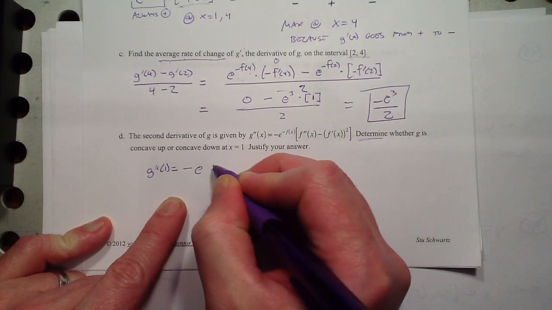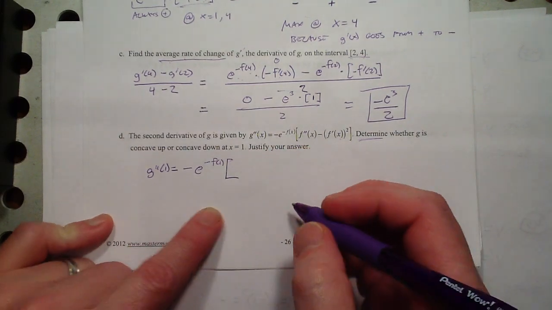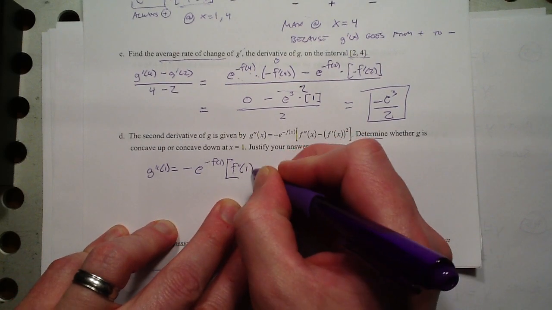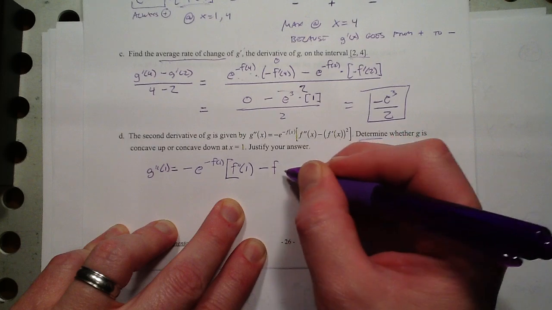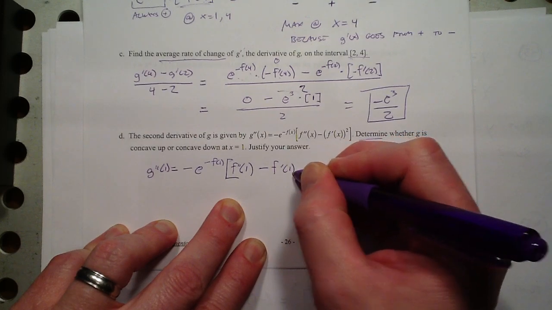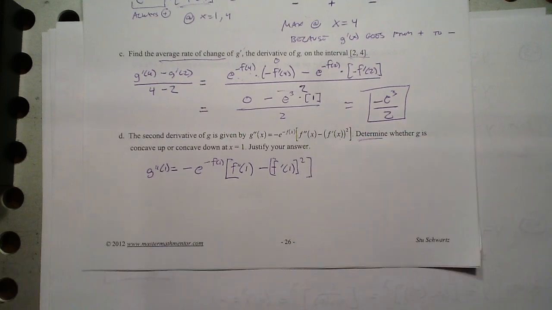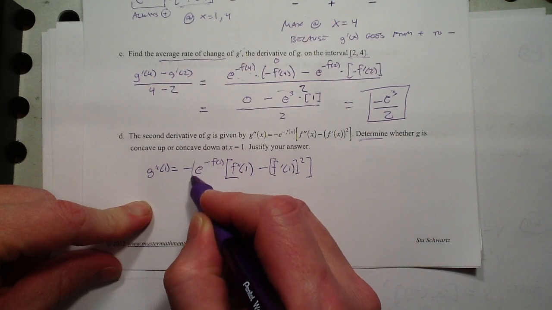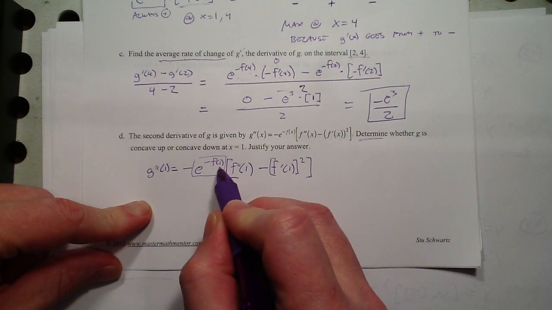That's negative e to the negative f of 1, and then we've got f double prime of 1 minus f prime of 1 squared. Okay, and all we care about is whether this is positive or negative. So, let me remind you again that even though we don't know what f of 1 is, e to any power whatsoever is positive.